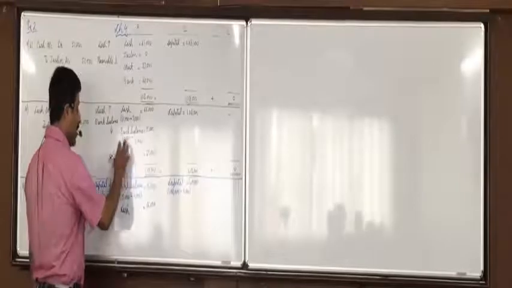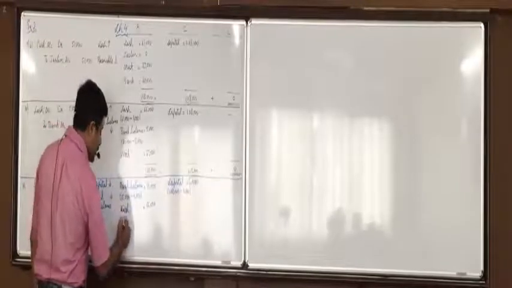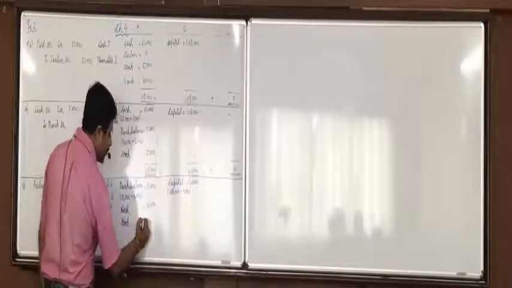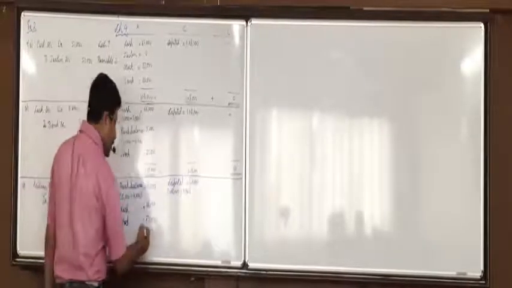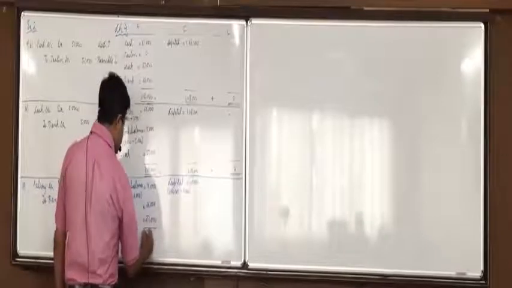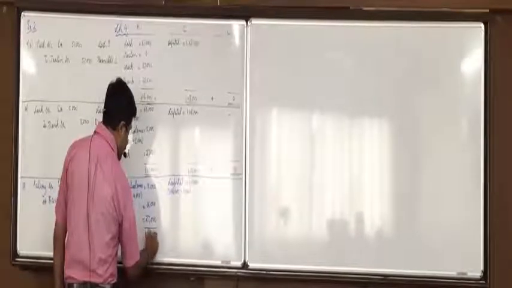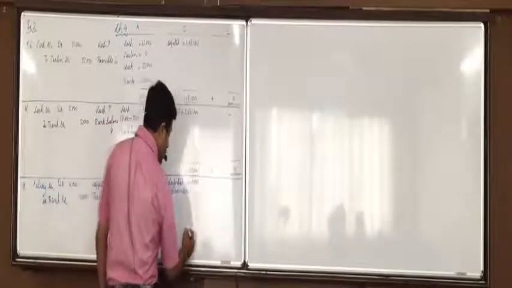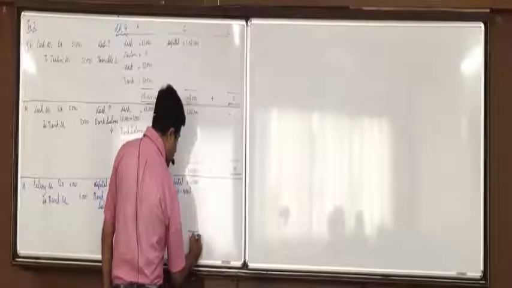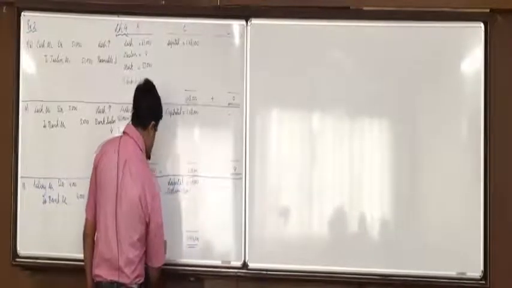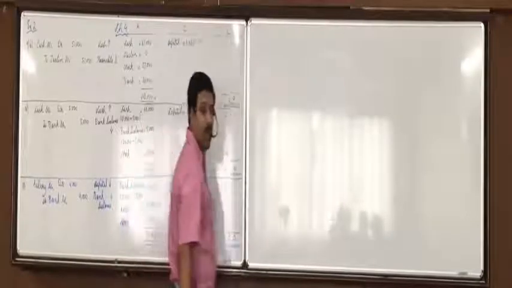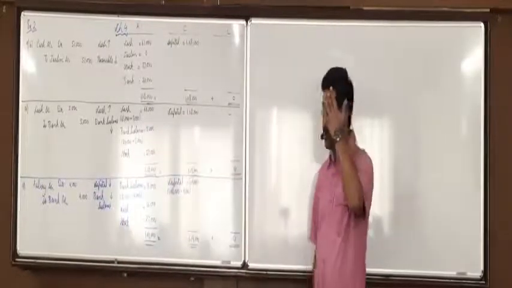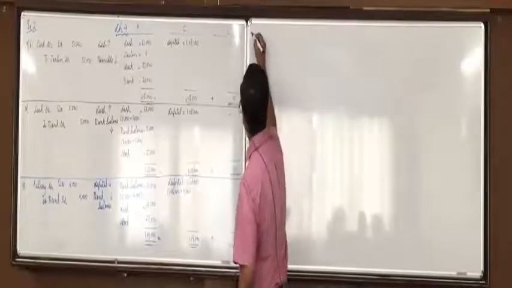Stock will remain same, 27,000. Okay, nothing else is there. So total 1,04,000. Right side also 1,04,000 plus 0. See, does it match or not? All of you are clear with this? Everyone? Then 12th.